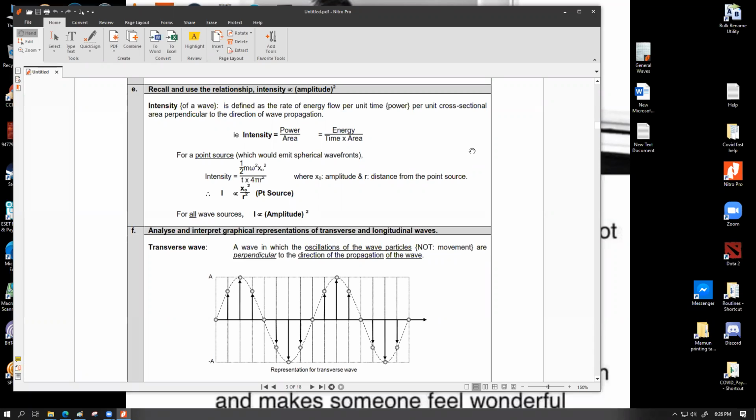But if I just put it in simple terms, let's say the intermolecular attraction forces of the medium particles are stronger, then they would have to deform less to store the same amount of elastic potential energy.